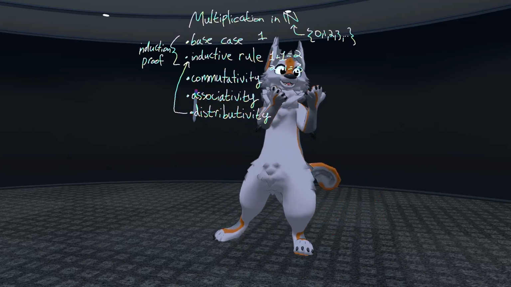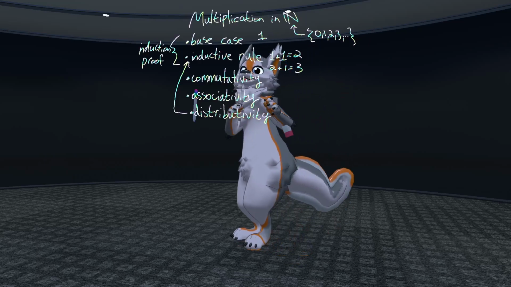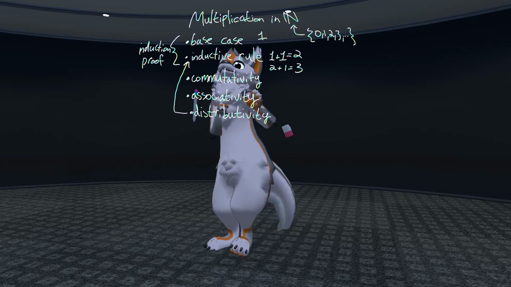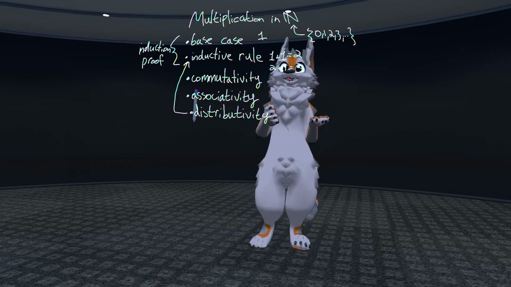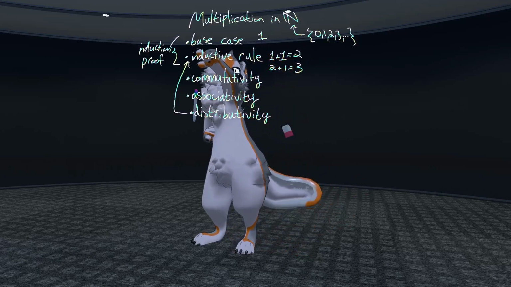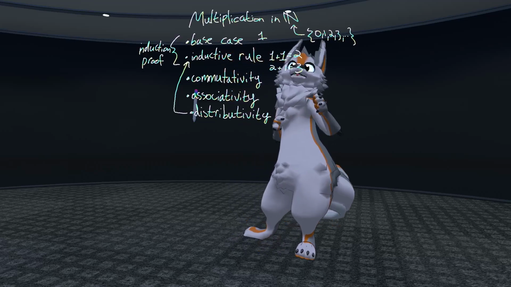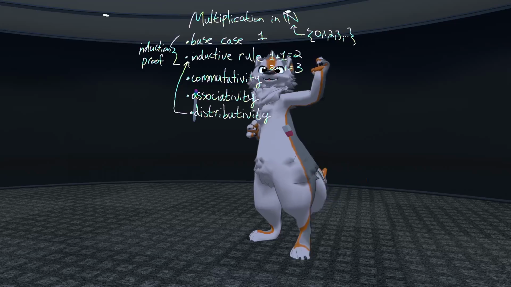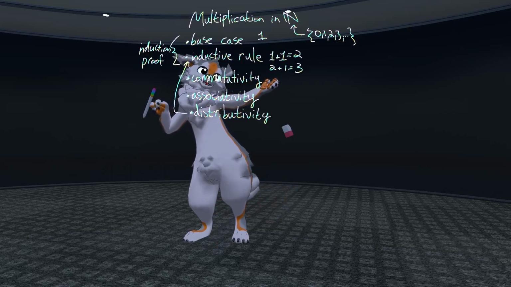So the fact that, assuming that 3 is a natural number, the next number is also a natural number, that's the inductive hypothesis. And then in order to make any actual conclusions from that observation, we need to find some natural number. So for example, because 1 is a natural number, we also find that its successor is a natural number, 2 is a natural number, and then 3 is a natural number, 4 is a natural number because 3 was, and so on. So that's basically induction in a nutshell.